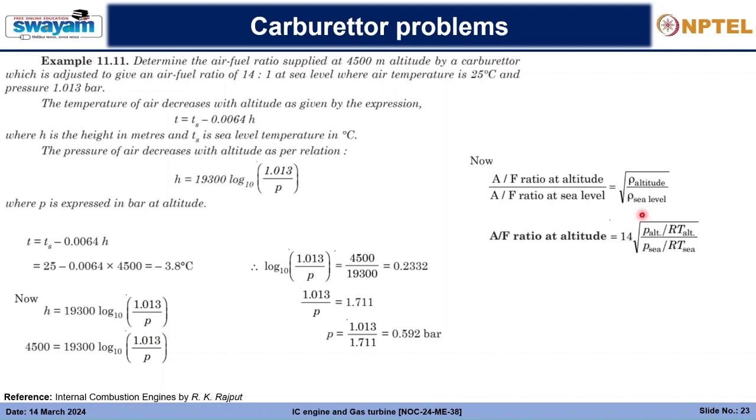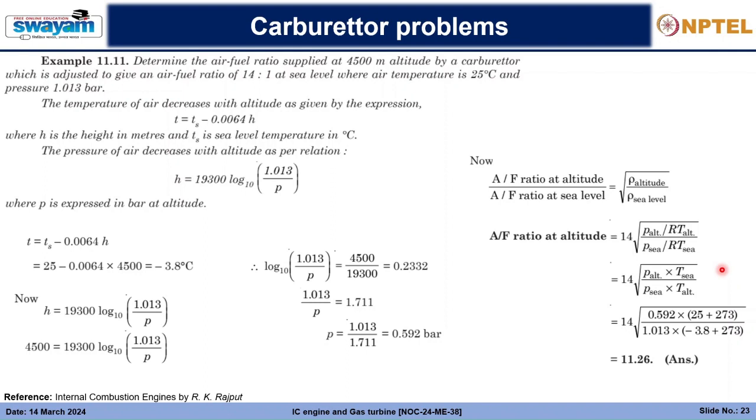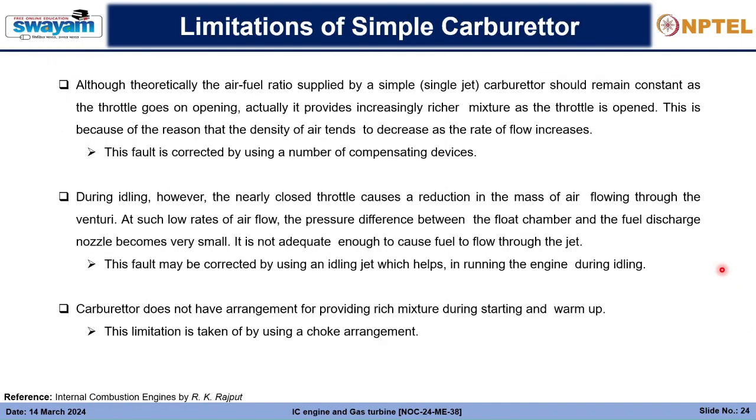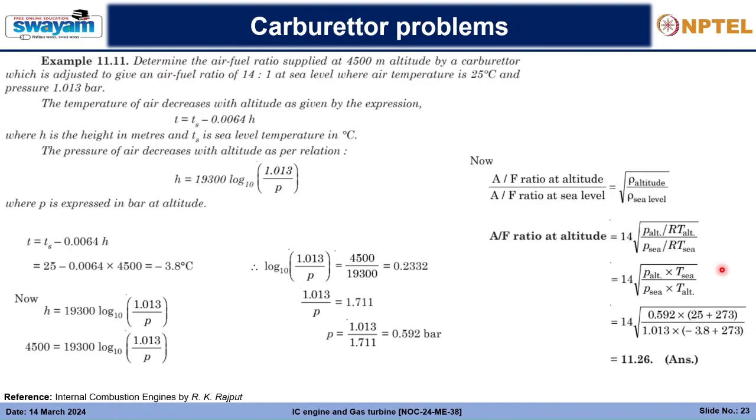So we are replacing the density with pressure, R and temperature. So based on that, we'll get this particular relationship. Substituting the values, we will get 11.26 as the air-fuel ratio required at that altitude. Okay then, so that was for all the problems.